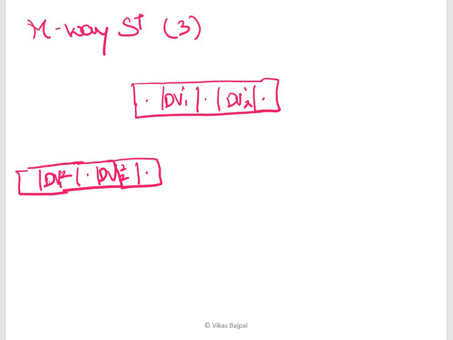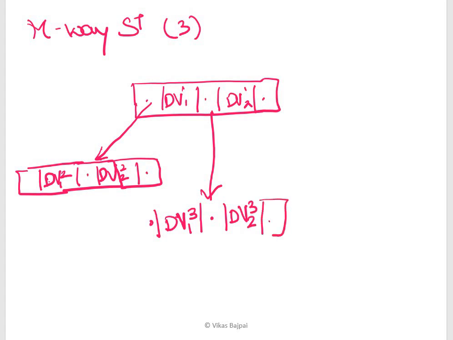This pointer will be pointing towards this, where once again I'll have dv13, a pointer, dv23, and a pointer.